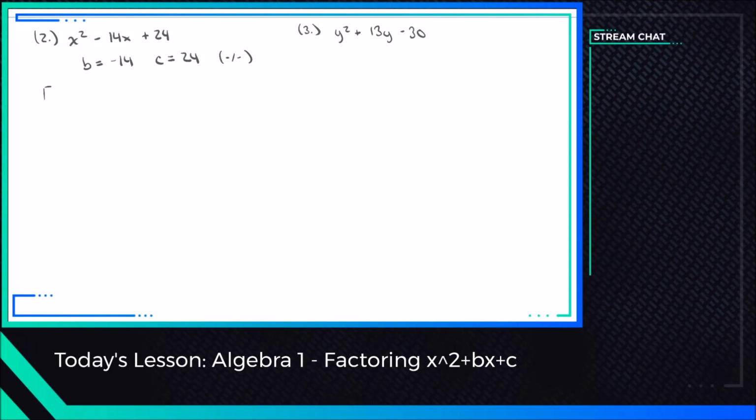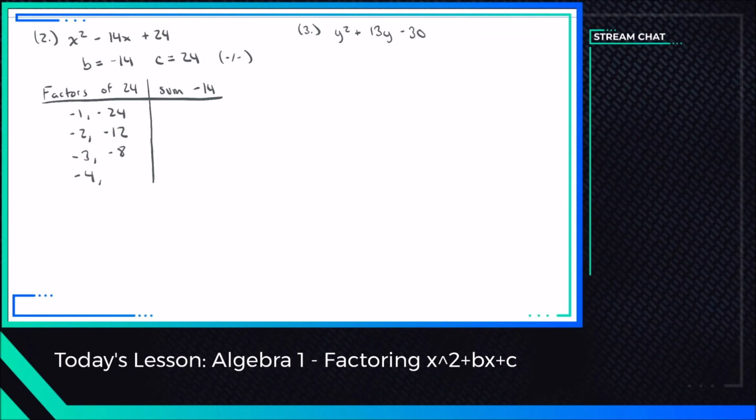All right, so if you list your factors of 24 and your sum of negative 14, you want to work with some negative numbers. So you could have a negative 1 and a negative 24, a negative 2 and a negative 12, a negative 3 and a negative 8. There's a lot in this one.